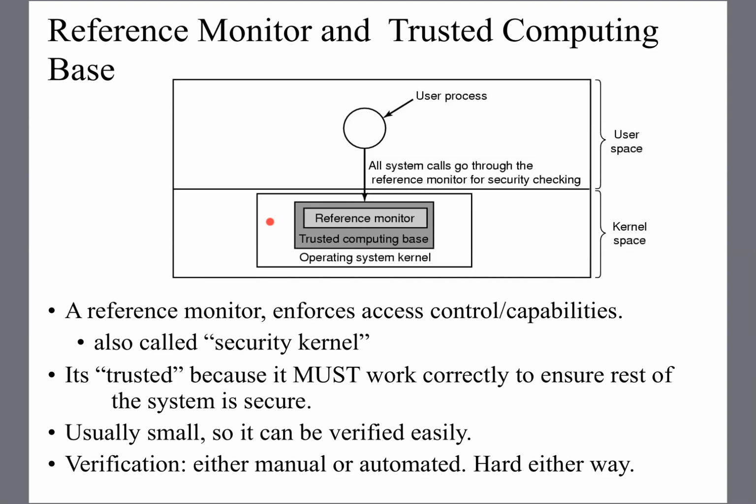What that means is even if these parts get compromised, it doesn't affect the security operation of the rest of the system. So I want to emphasize that having a small trusted computing base is important. Having a large trusted computing base is not a good thing. Any questions?